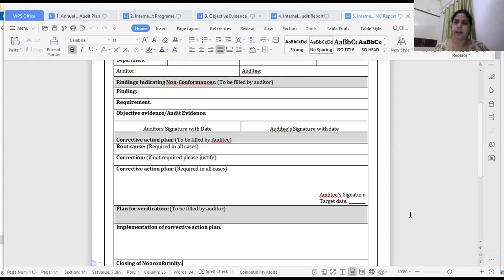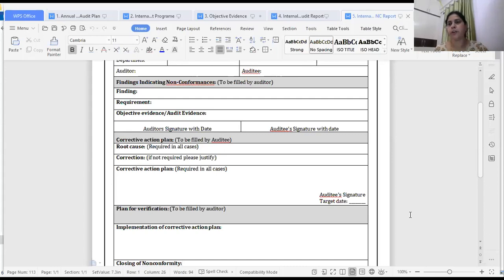Then a need-based audit will happen for this non-conformance. This audit is called need-based because you need to verify the action plan of the auditee. Whether the action plan stated by the auditee has been completed or not, you are going to check on the target date given by the auditee.